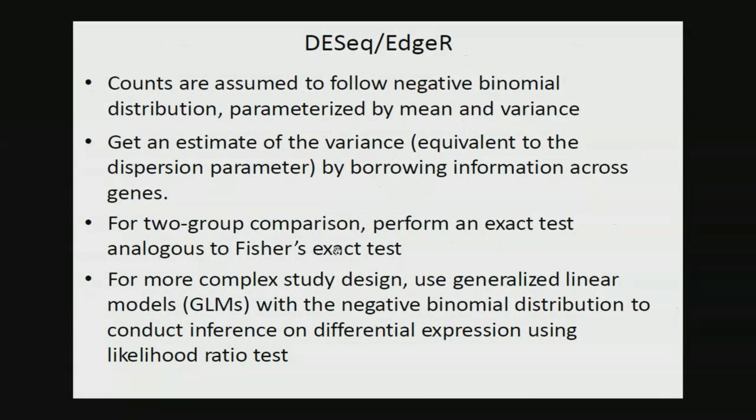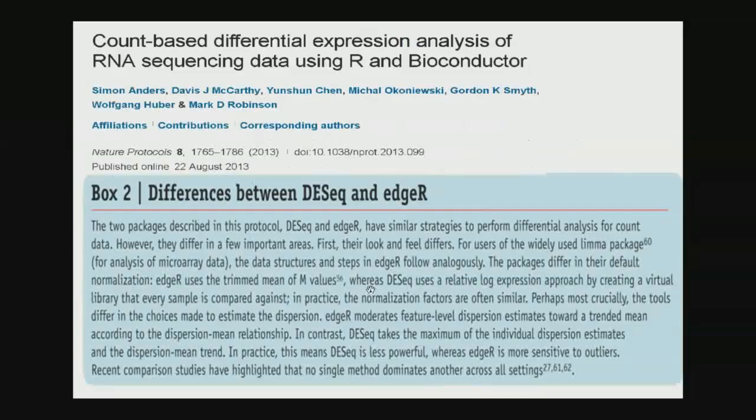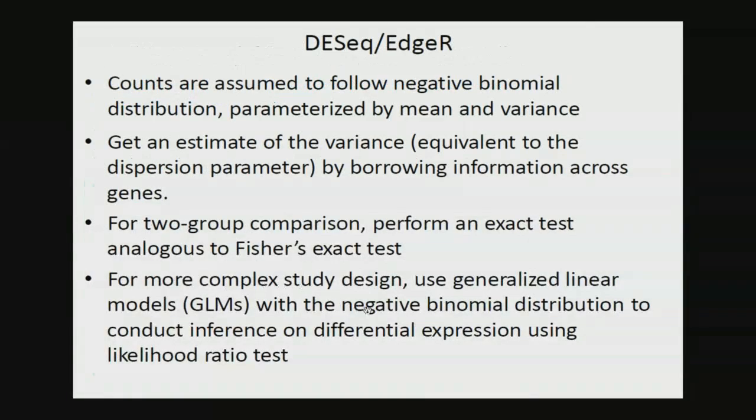For two-group comparison, they actually perform an exact test. That's very similar to Fisher's exact test. It's like an enumeration of combinations of the read counts and then trying to calculate the probability. But for a more complex study design, they can also use the modeling framework.